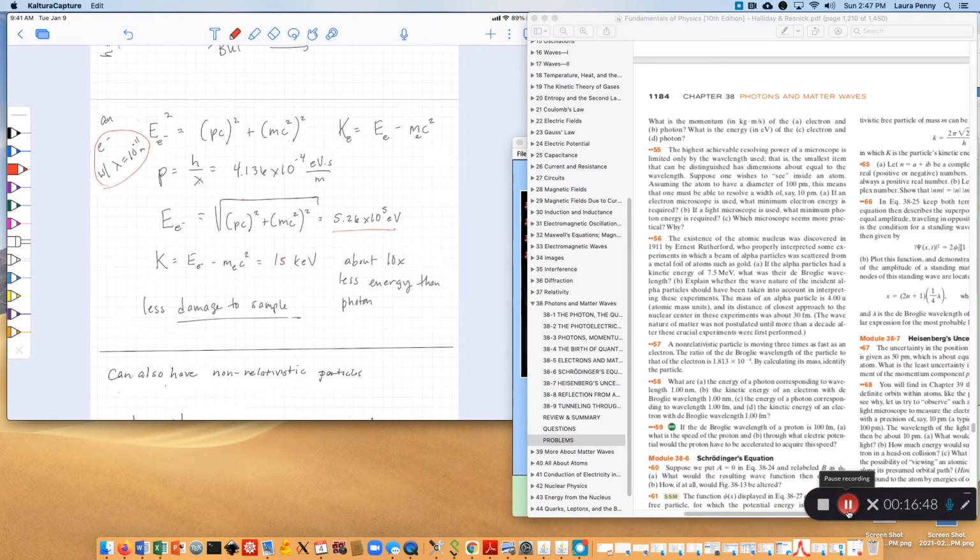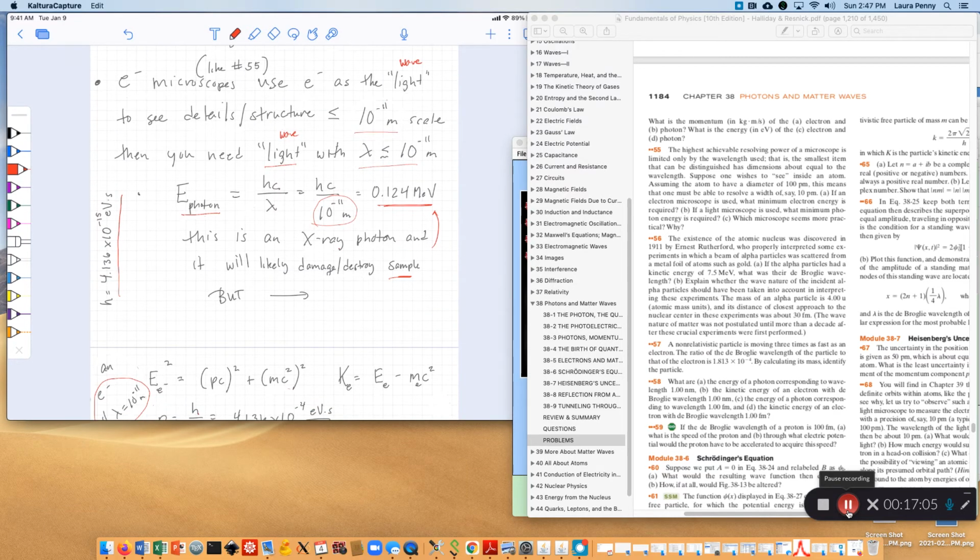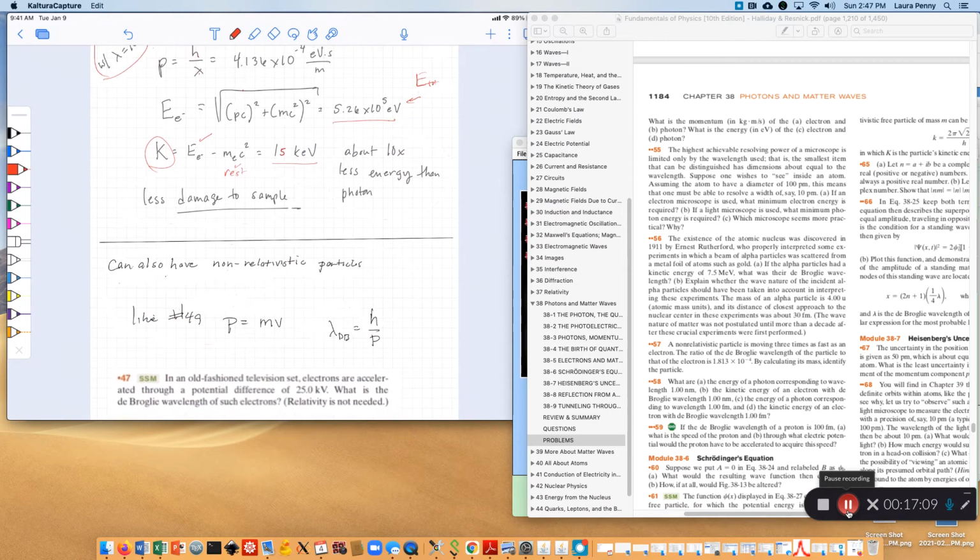Yeah, so this would be its total amount of energy. But the kinetic energy, which is this total amount of energy minus the rest energy, is only about 15,000 electron volts. And so when it hits that material, it's less likely to damage it than, say, the photon, which has roughly about 10 times more energy.